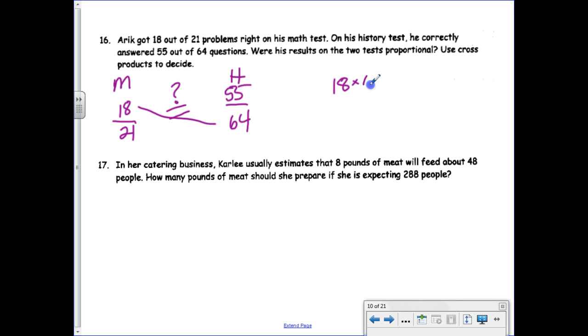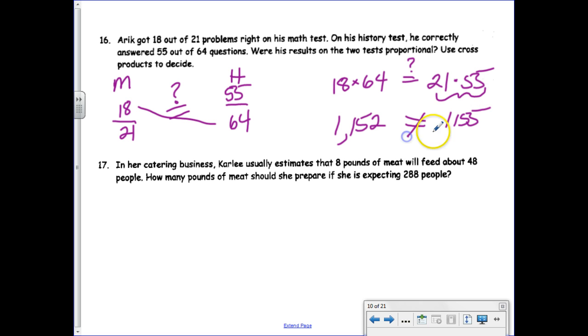Is 18 times 64 really equal to 21 times 55? Well, boy, this is close, because 18 times 64 is 1,152, and 21 times 55 is 1,155. Nope, but that's close. So you should say no, they are not proportional.